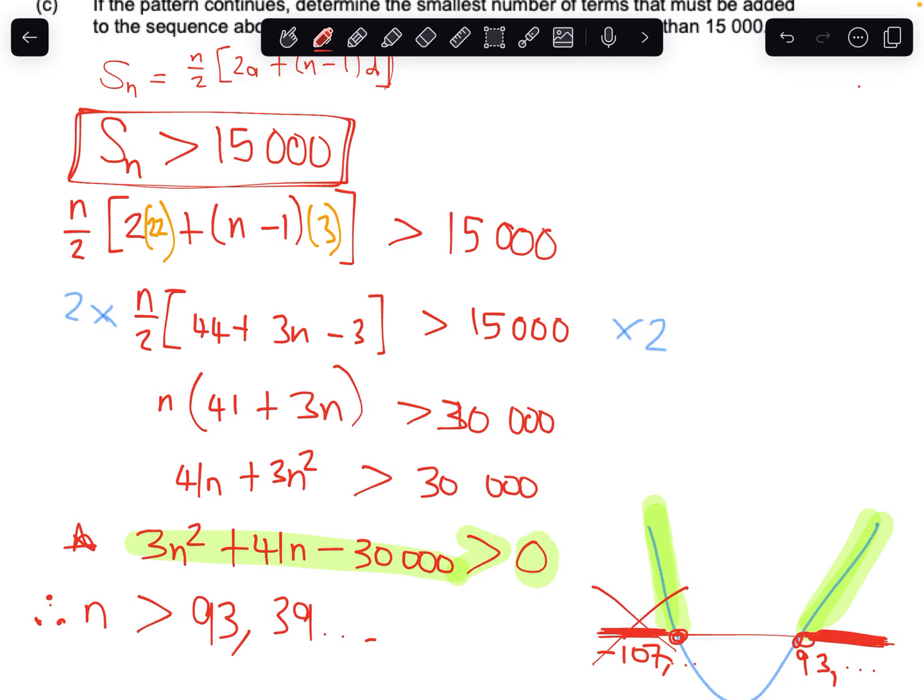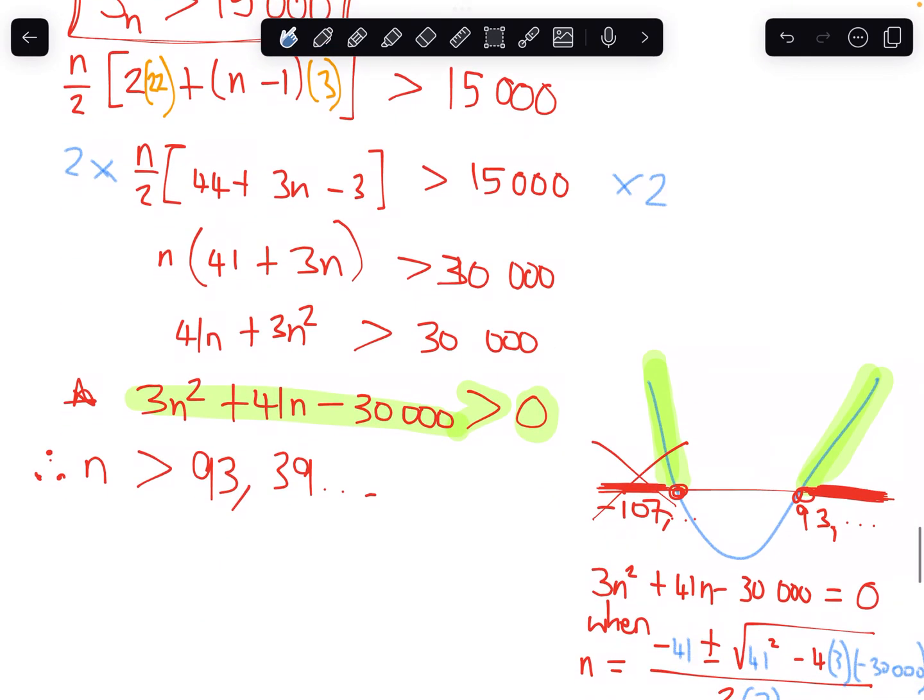Okay, so that means if we added 94 terms, right, then the sum will be greater than 15,000. If we add 93 terms, the sum will still just be short of 15,000, right? Our n has to be greater than 93.39 whatever, and the first whole number that appears after 93.39 is 94.